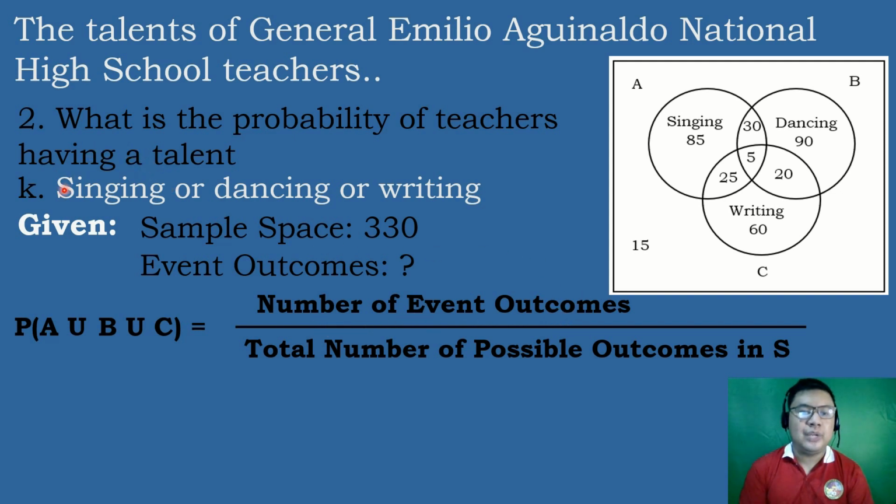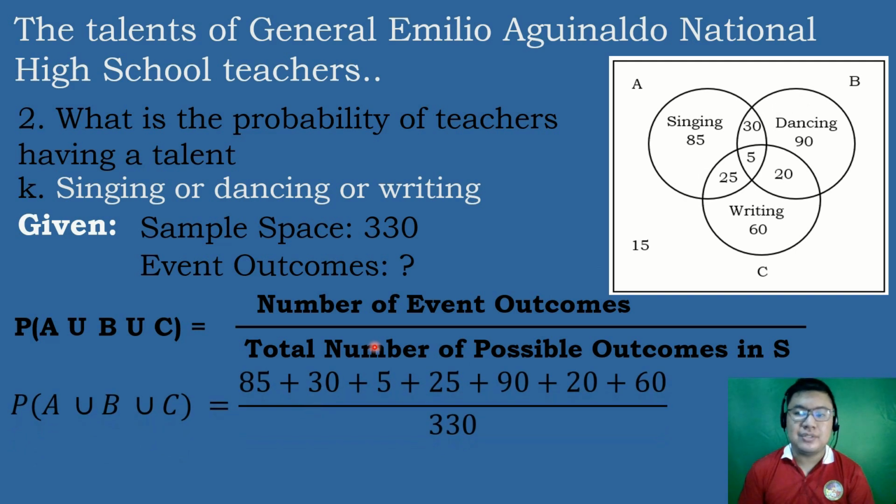Since we are looking for the union of these three events, what we need to do here is just add the numbers inside these three circles. So we will be adding those numbers. So we have 85 plus 30 plus 5 plus 25 plus 90 plus 20 plus 60 all over the sample space, which is equal to 330.